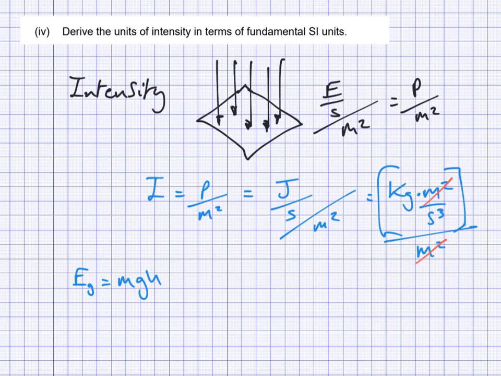And we're going to get our fundamental units, which is going to be kilograms over seconds cubed. And so in IB, that's going to be kg s to the -3.